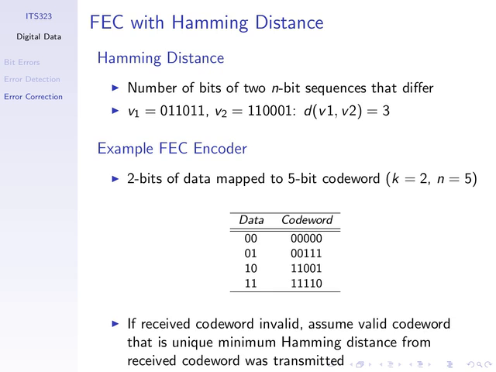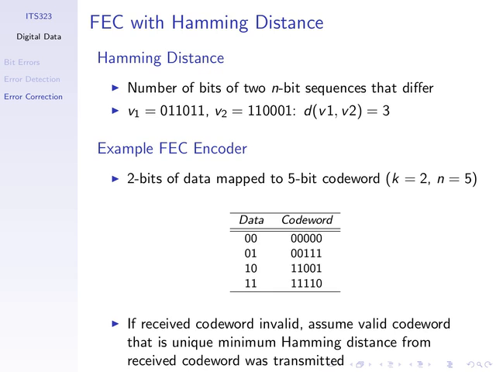And the other code words are invalid. How many are there? How many invalid code words? 28.